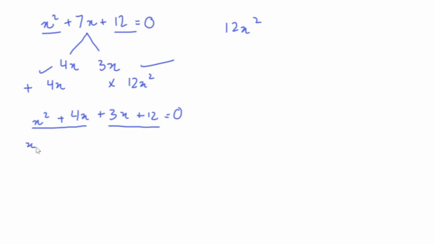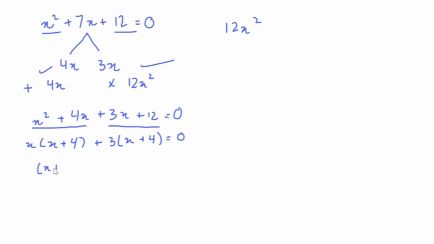From the first pair we can take x, and we get x plus 4, and from the second pair we can take 3, and we get x plus 4. Since our values inside the brackets are also the same, we can say we factored them properly and our equation is correct. So now let's take these brackets common.